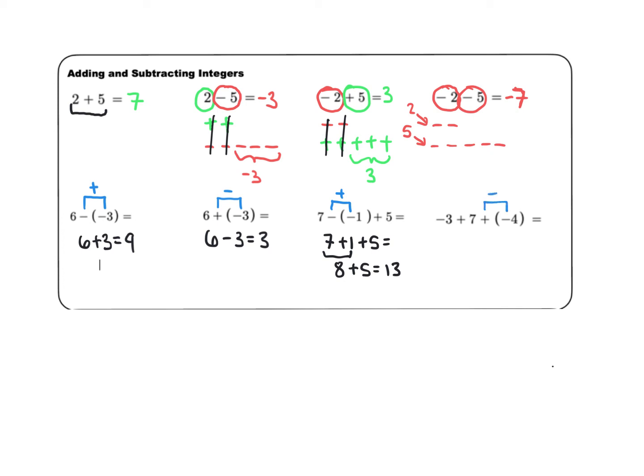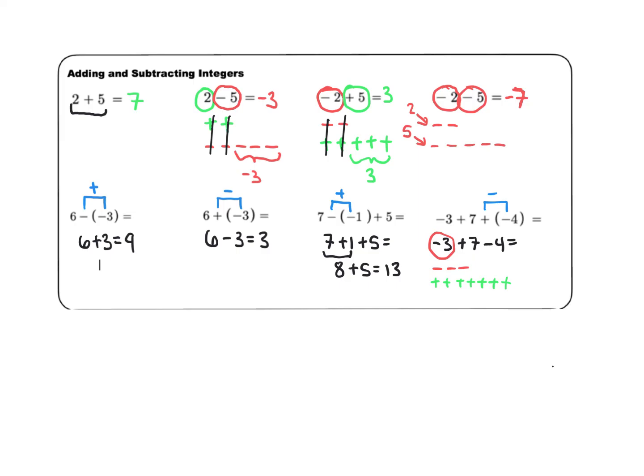So doing the same thing for this next one, we notice that we're adding a negative, which is going to give us a negative. And so I bring everything down. Okay, and now I look and I say, I have 3 negatives: 1, 2, 3. I have 7 positives.